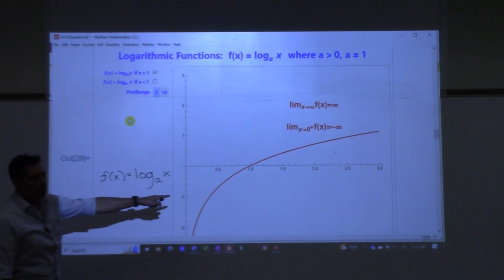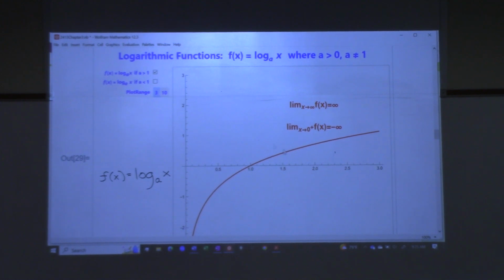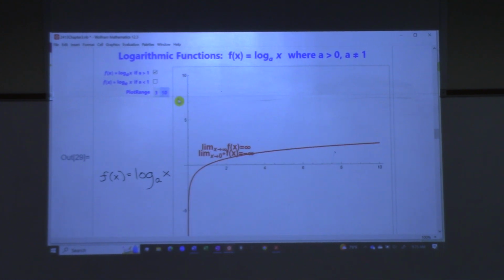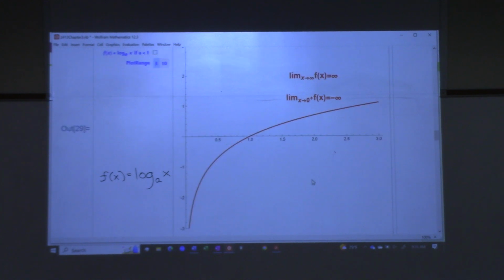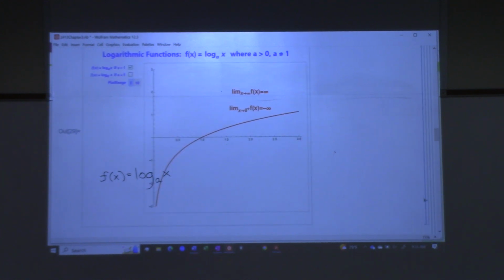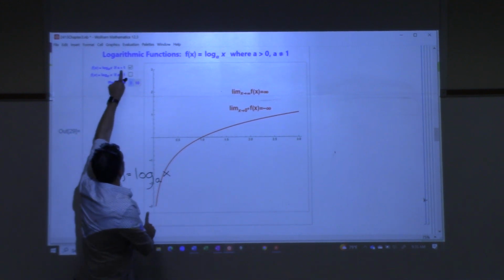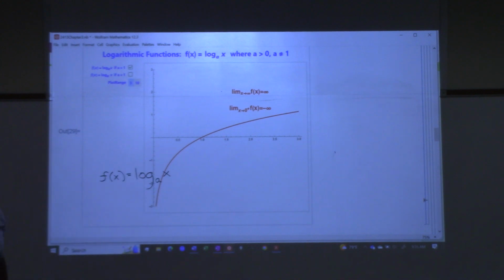Here's what a log function looks like if the base a is bigger than 1. This is what it looks like.